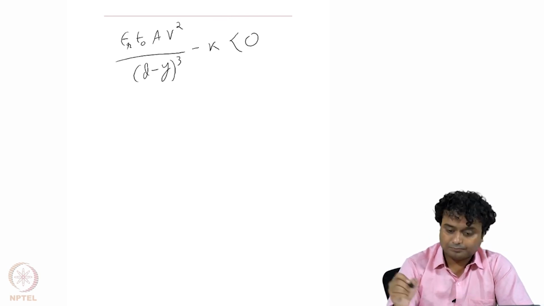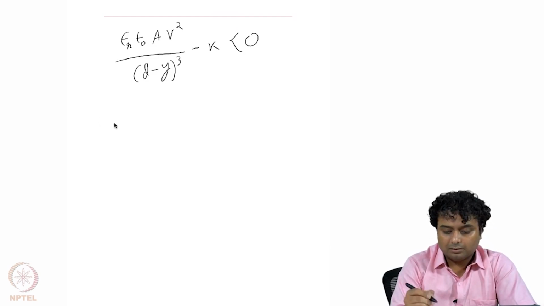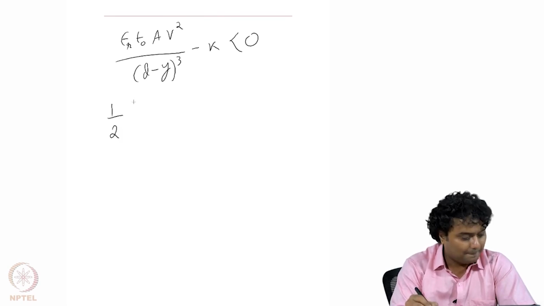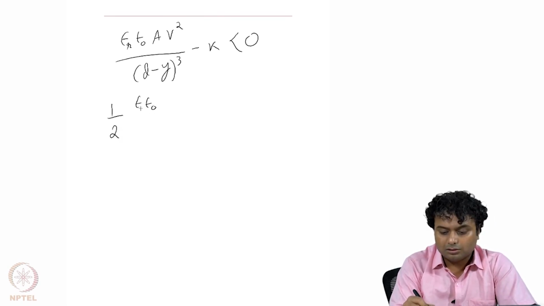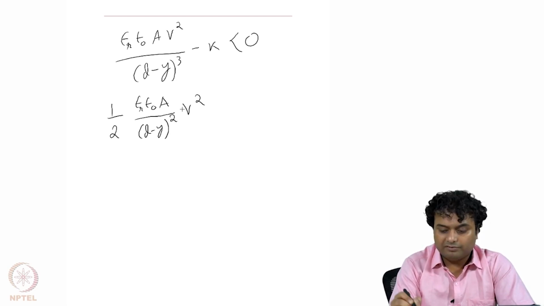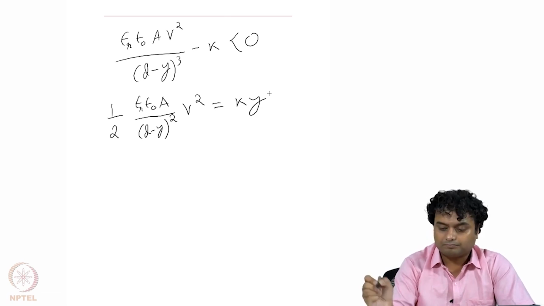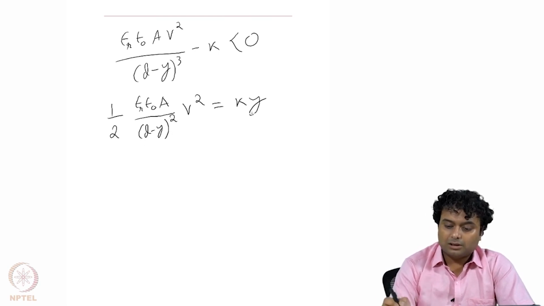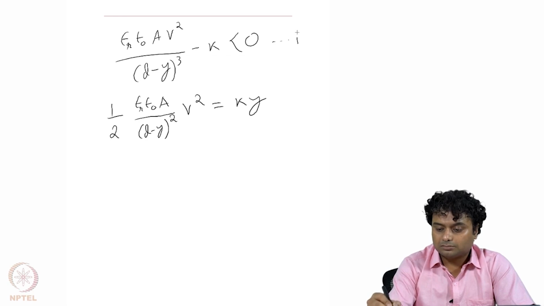That means half of epsilon naught A by (d minus y) whole square into V square equals ky. Let's call this expression equation 1 and the other equation 2.